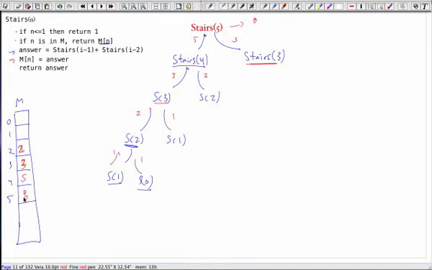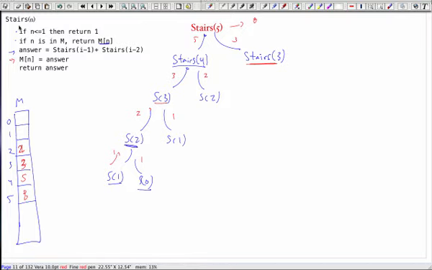Now, why did I put this slide up here? We started off with a clean recursive implementation of the stairs number. Then we realized we're doing too much work because we're recomputing things we've already computed, so we added a memory. And in fact, this is what our solution came out to be.